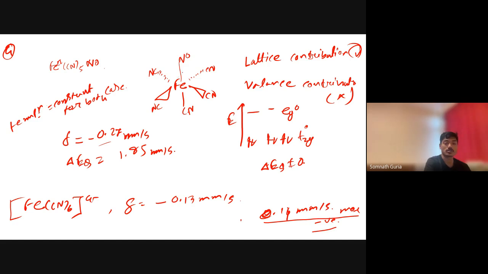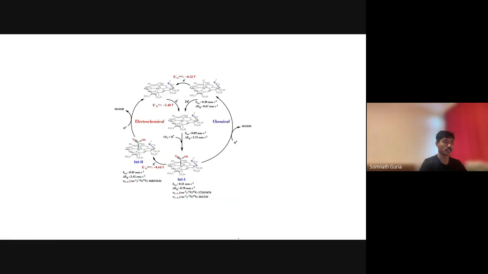It is a very strong pi acceptor ligand compared to cyanide. So nitrosyl is a very strong electron withdrawing group here, and that is reflected in the delta value.